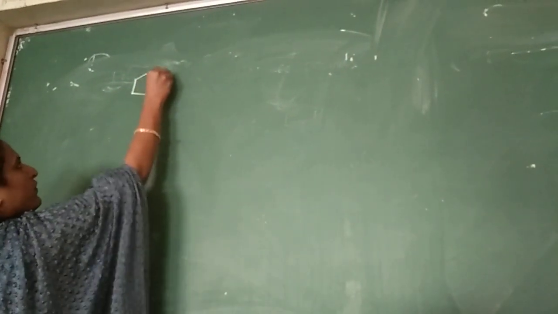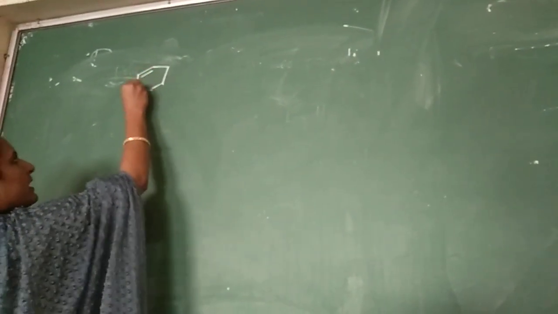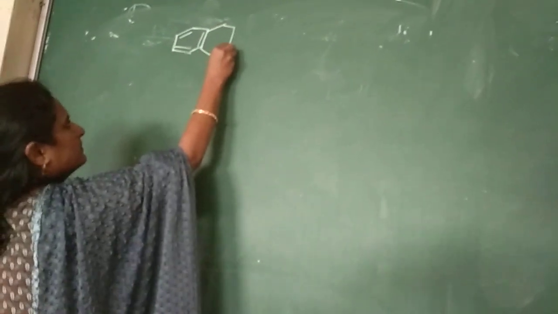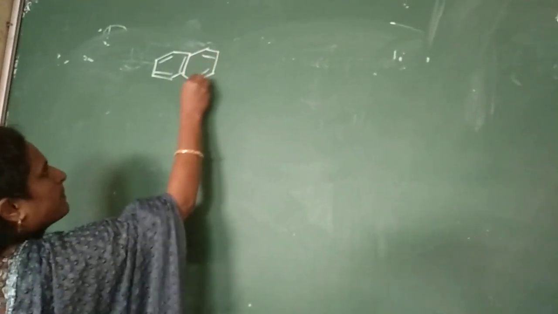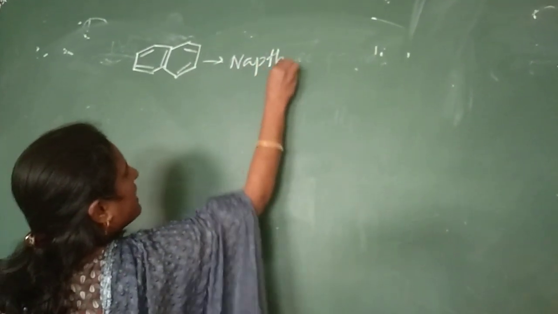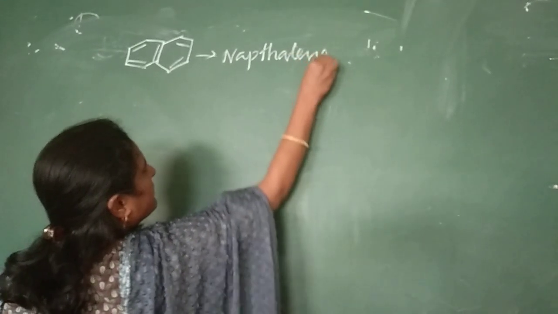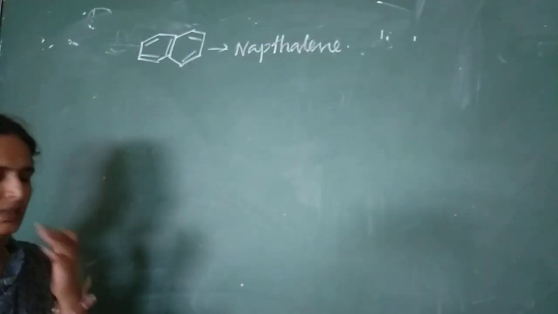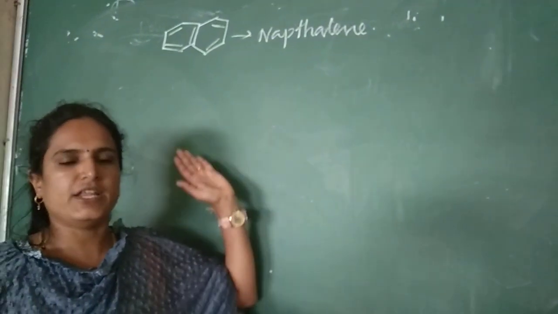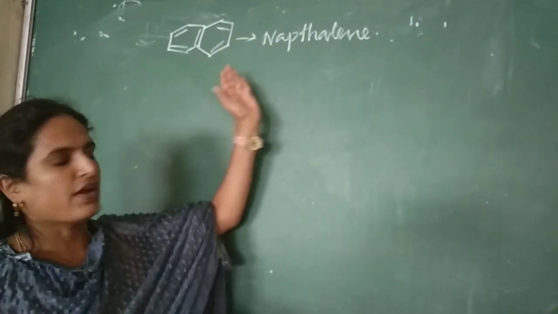Next, we go for the study of electrophilic substitution reaction in naphthalene. This is the structure of naphthalene. According to your syllabus, we have to study the electrophilic and nucleophilic reactions of naphthalene.